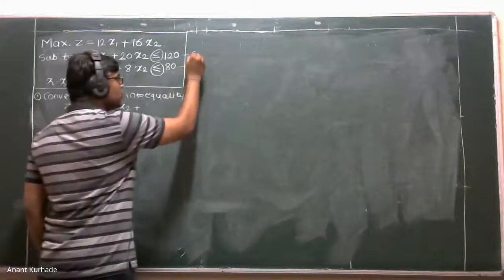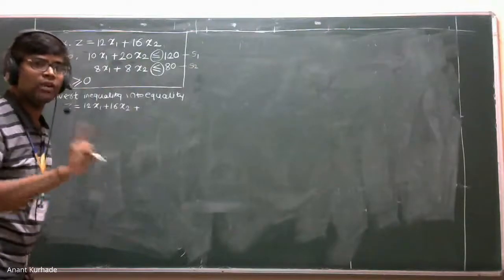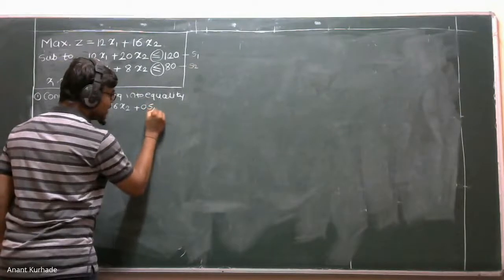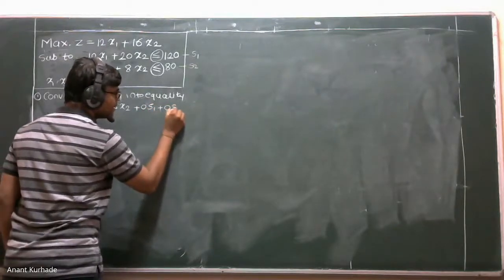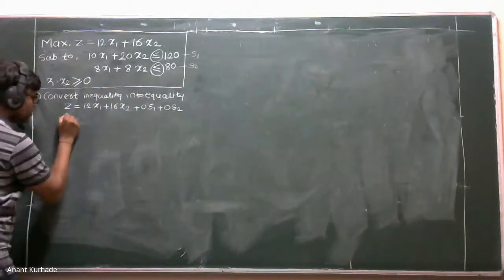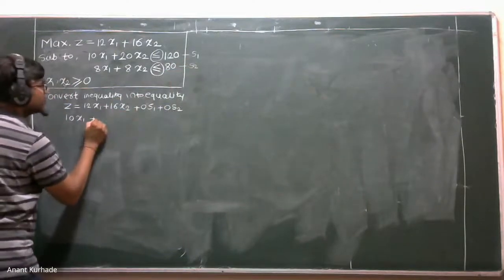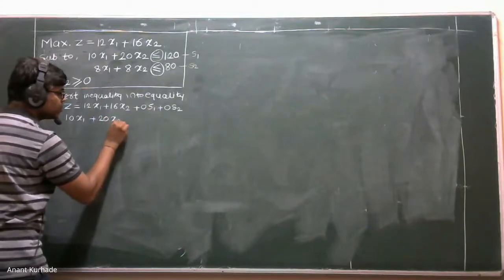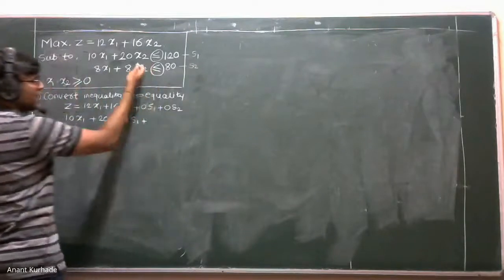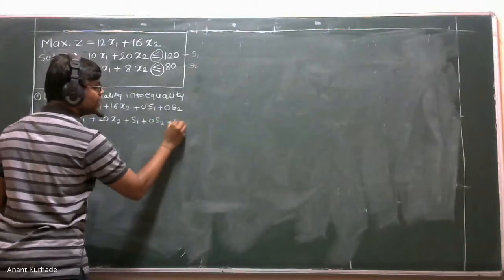We also have to add these slack variables in the objective function, but they will not affect its original value, so we consider their coefficients as 0, for S1 and again 0 for S2. Then, subject to the constraints: the first constraint equation, add S1, so it is 10x1 plus 20x2 plus S1, and write S2 also; if S2 is missing, you can put 0 S2, is equal to 120.